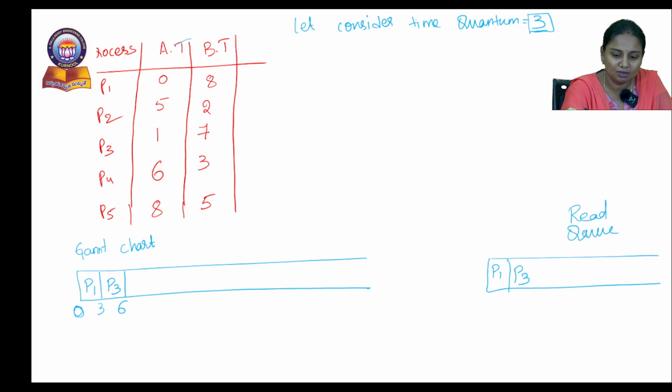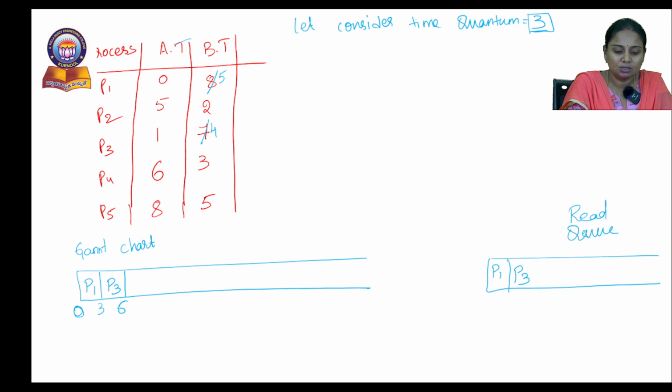So the remaining will be 5. Now the burst time of P1 becomes 5. P3 has a burst time of 7, and now it has utilized 3, so the 7 becomes 4.